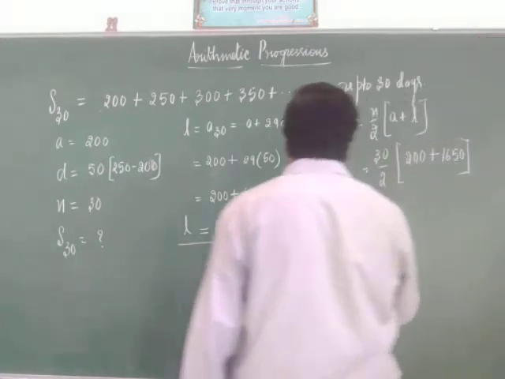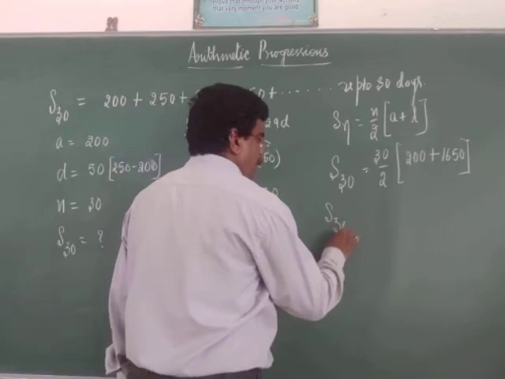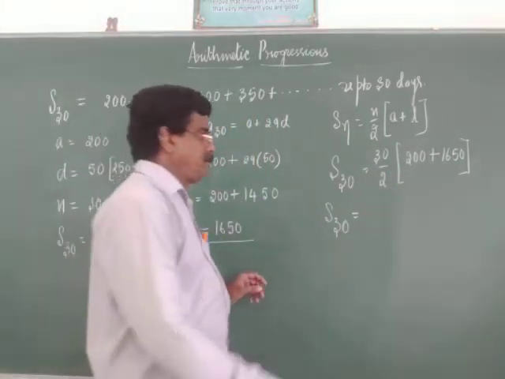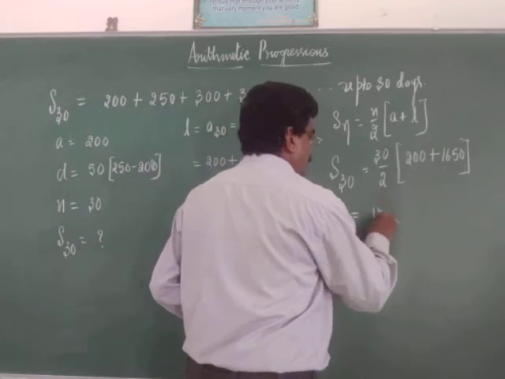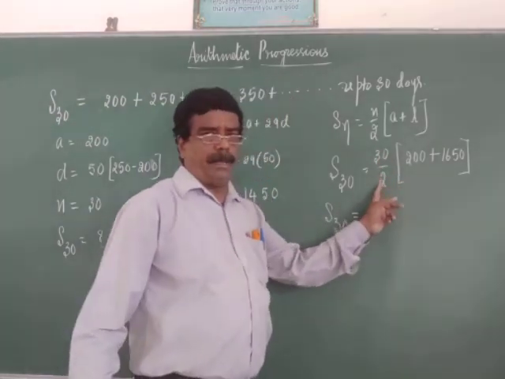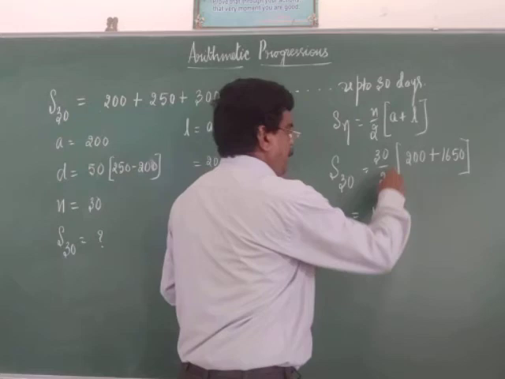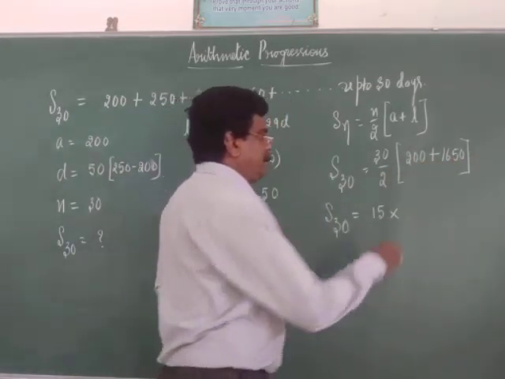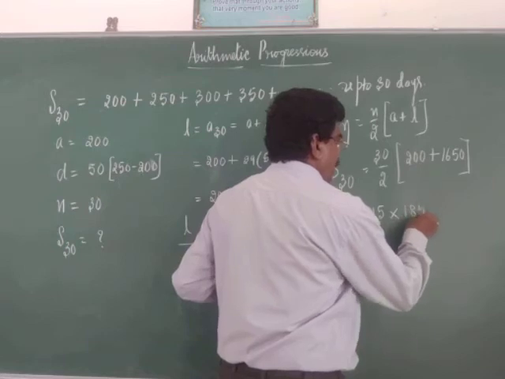And again here, 30 by 2 is half of 30. Half of 30 is nothing but 15. So it is 15 into 1850, because 1650 plus 200 becomes 1850.